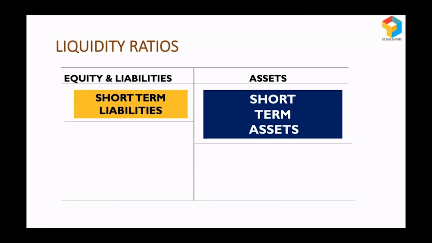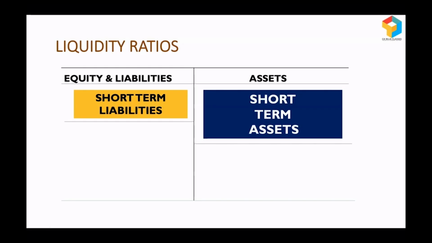It means what you have created as assets is greater than the money you have borrowed in the short term. It means these assets could not have been created with just short-term funds. Some more funds have come in for creating these assets, and we call them long-term funds. It's only because of that reason that the short-term assets are greater than the short-term obligations.